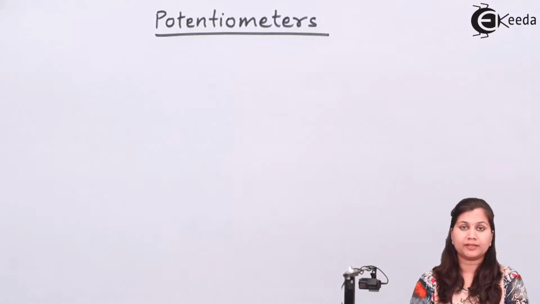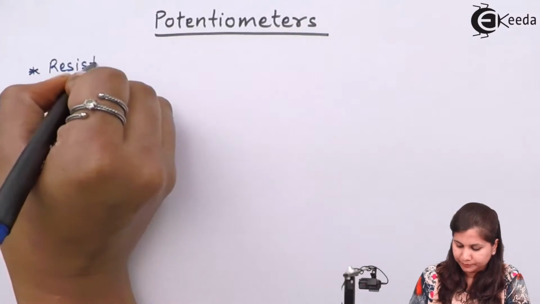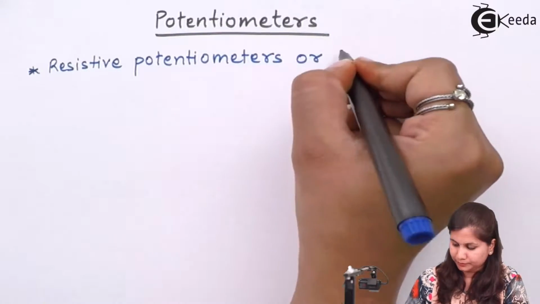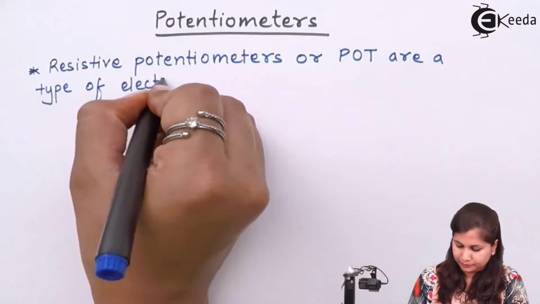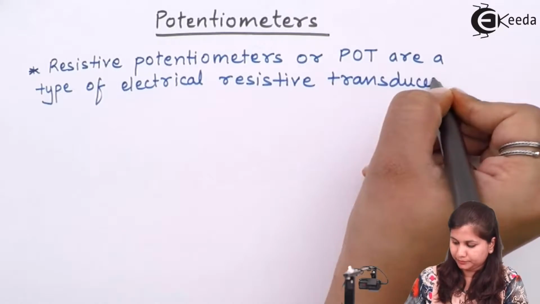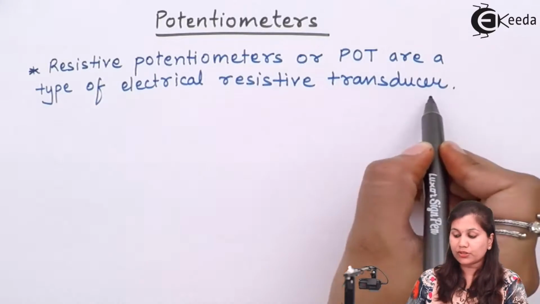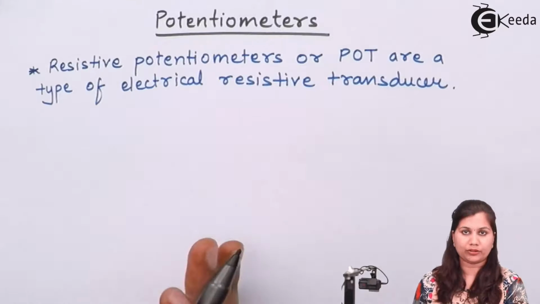Resistive potentiometers, also known as POT, are a type of electrical resistive transducers. Electrical resistive transducers are those devices which convert a non-electrical quantity into an electrical quantity.